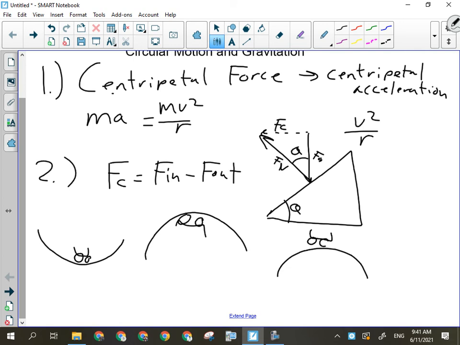Which one of those 3 has a minimum speed? One in the middle. You can't fall off of or out of the circle in the other 2, because you're sitting on the circle in the other 2, so there's no danger of falling. There's no minimum speed you have to achieve to stay there, right?